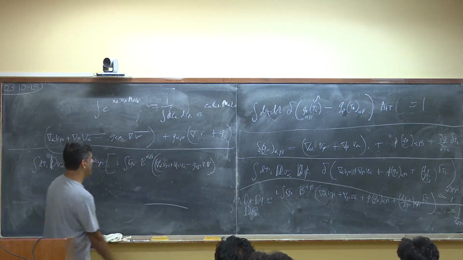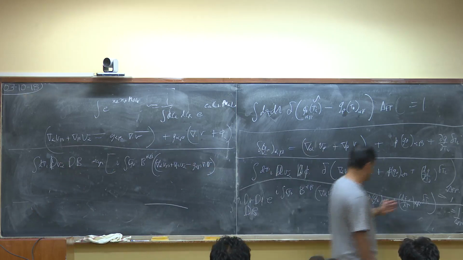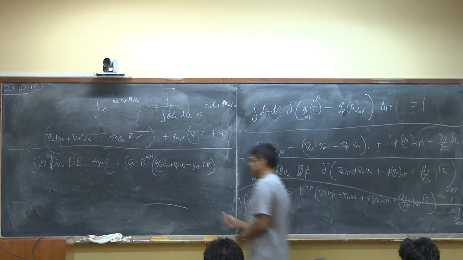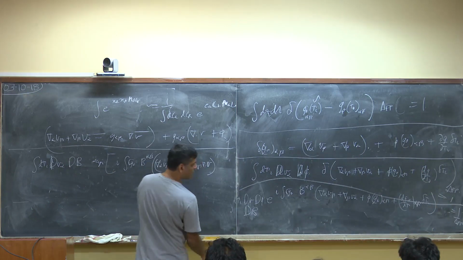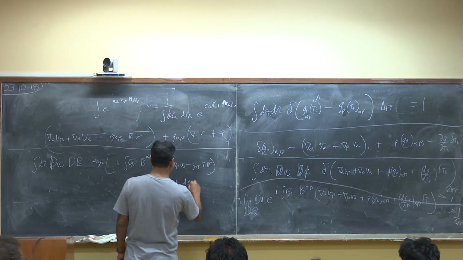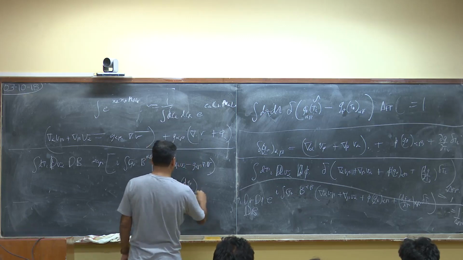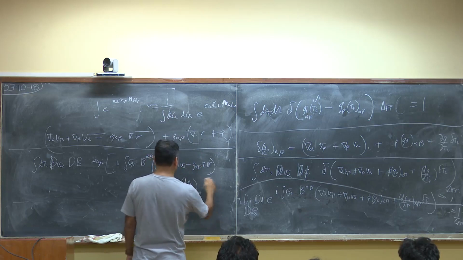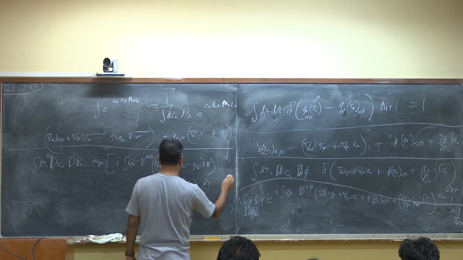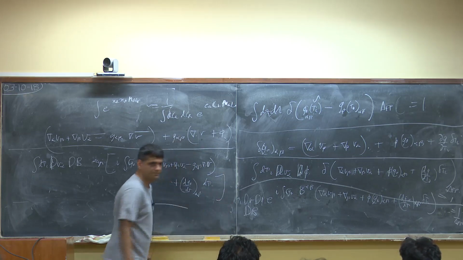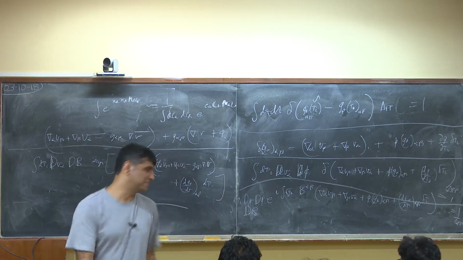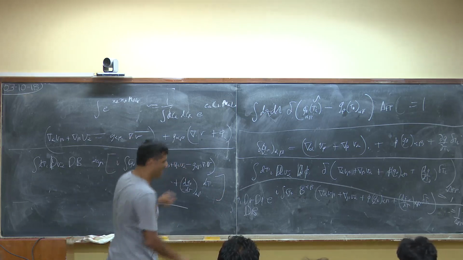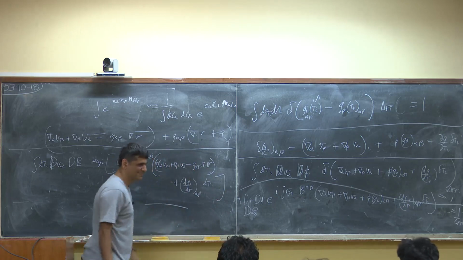And then this part is now gone, this part is still there, plus d g naught by d tau alpha beta d tau. Every g is a g naught, I'm sorry, I'm not writing it. It's okay.